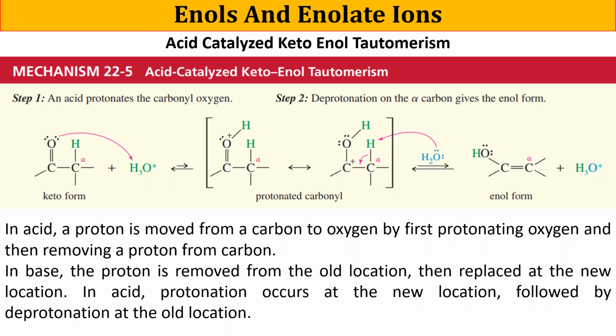But in acid catalyzed keto-enol tautomerism, oxygen is protonated first, then the alpha carbon is deprotonated. Most proton transfer mechanisms work this way. In base, the proton is removed from the old location then replaced at the new location. In acid, protonation occurs at the new location followed by deprotonation at the old location.